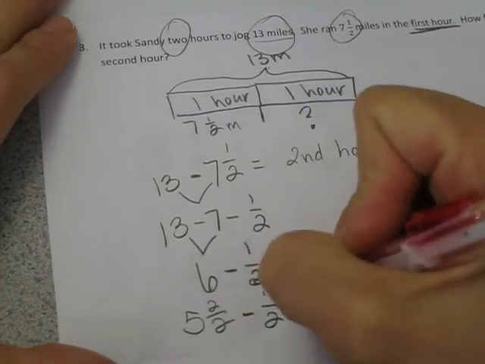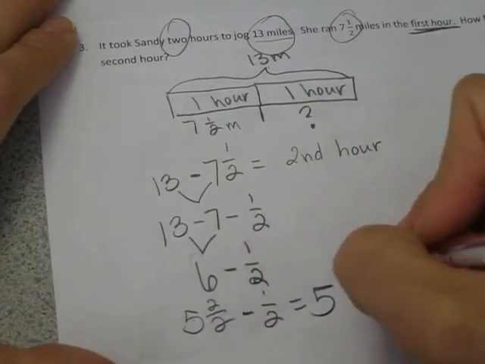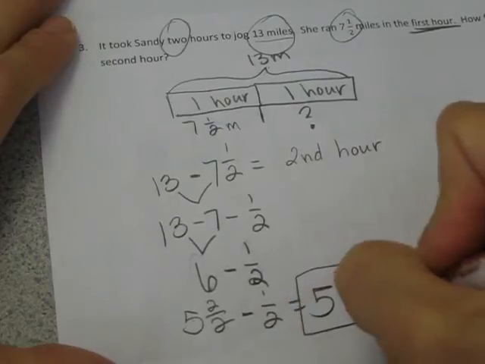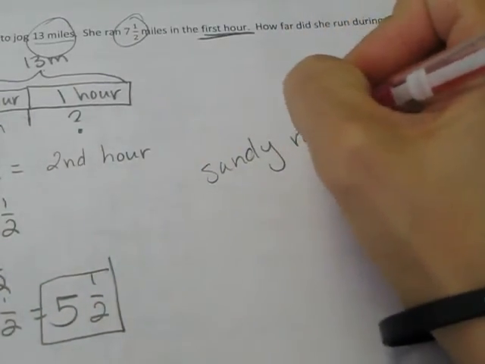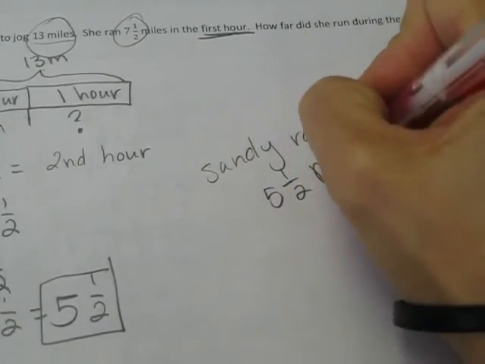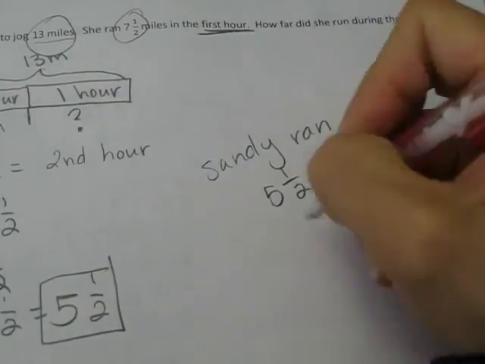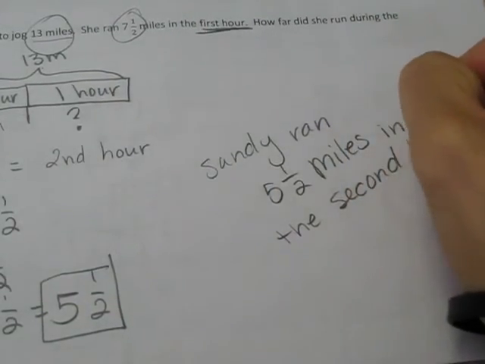And subtract 1/2. So 5 and 2/2 minus 1/2 is 5 1/2. So Sandy ran 5 1/2 miles in the second hour.